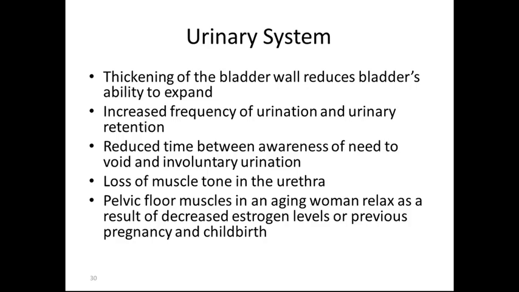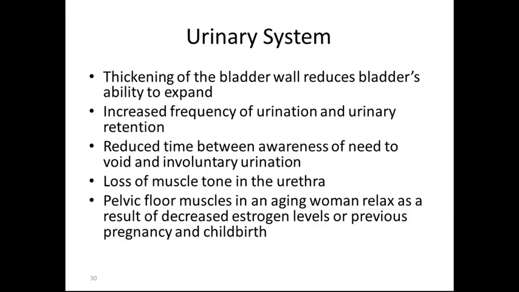The urinary system has a thickening of the bladder wall, which reduces the bladder's ability to expand. Increased frequency of urination and urinary retention can occur. Reduced time between awareness of the need to void and involuntary urination, also called incontinence, can happen.